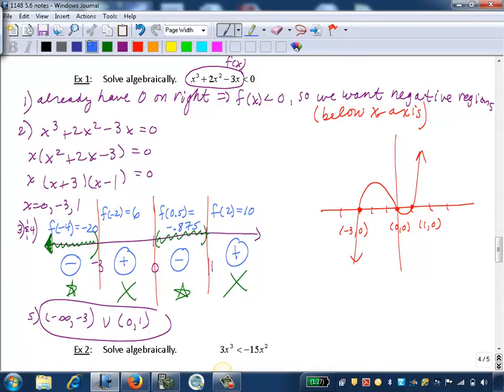So our solution is these regions here, so this piece and this piece, which definitely match up with our answer here in interval notation, so we know we're correct.